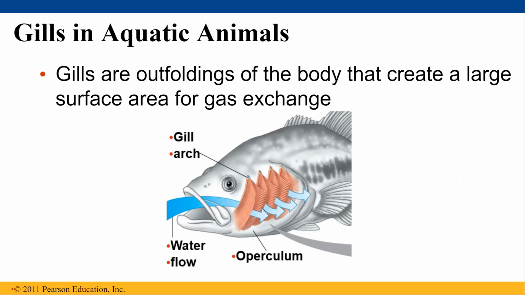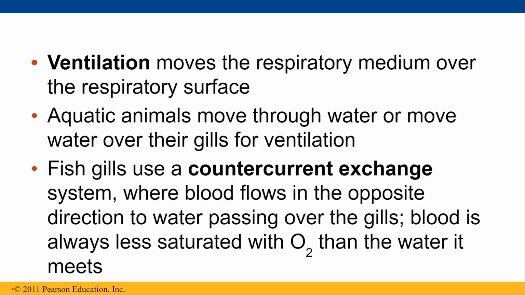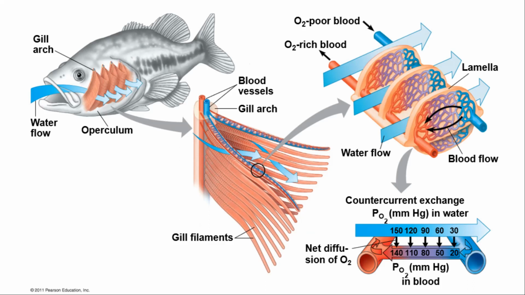They rely on the water because we've got dissolved oxygen in the water. They rely on the water flowing over the gills and the gas exchange taking place in the gills. I'm not going to get too much into that countercurrent circulation, but again, they've got capillary beds lining the gills so that we can get gas exchange.